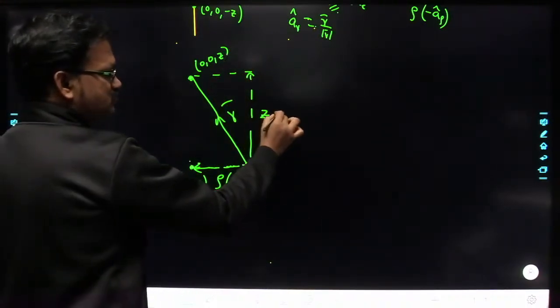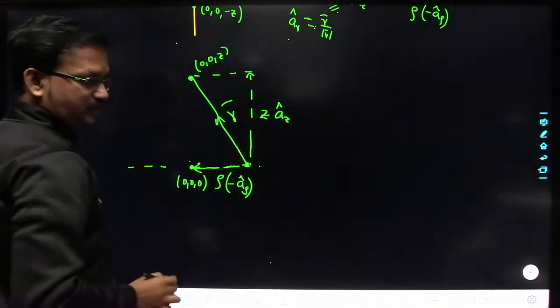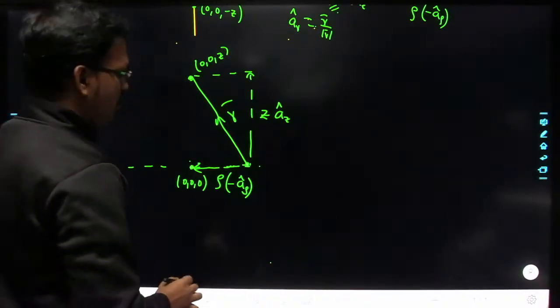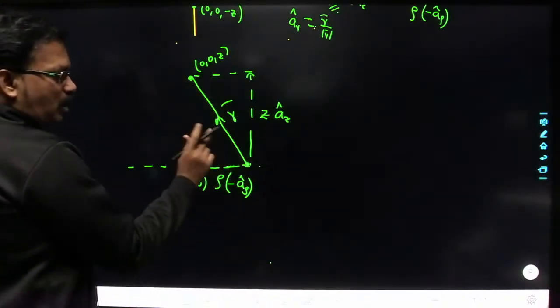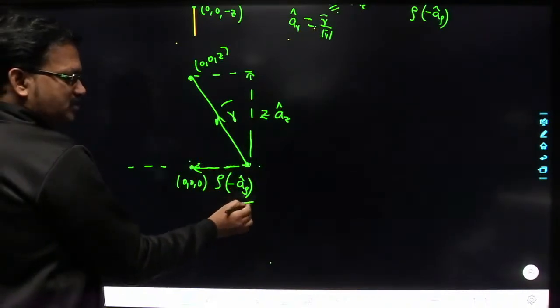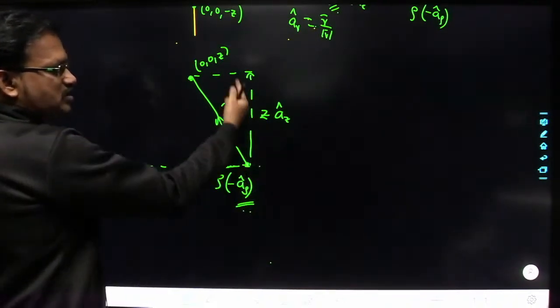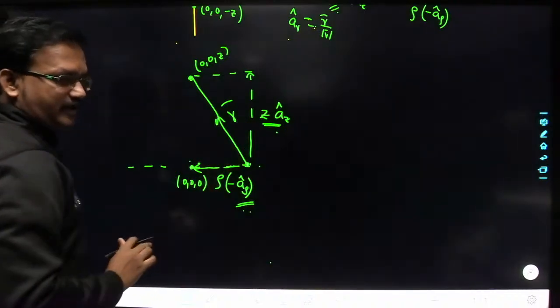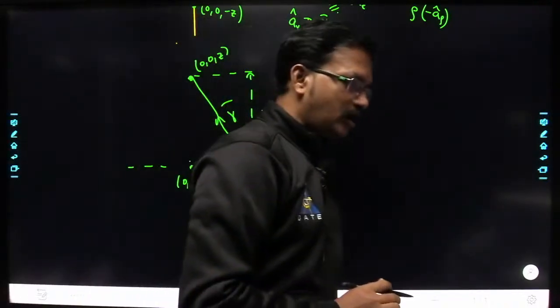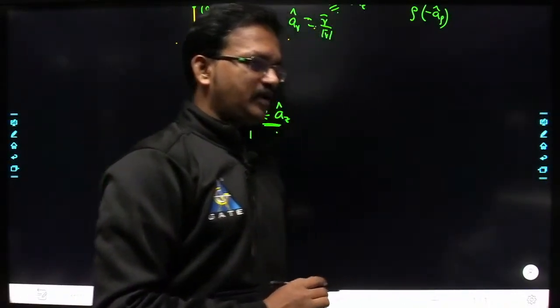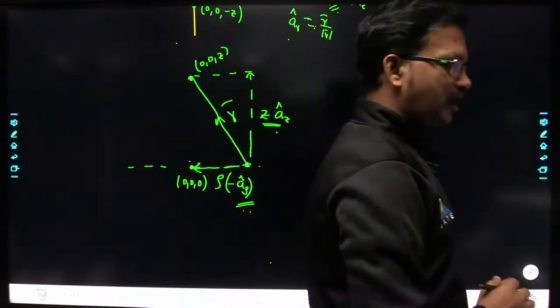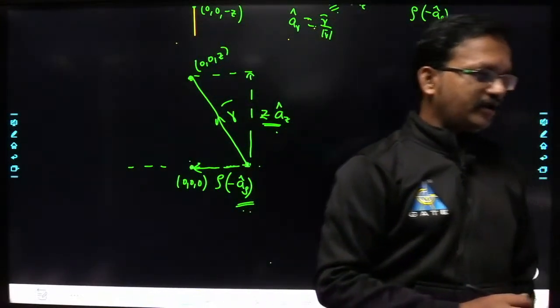So I am writing this as z a_z cap, right? Okay. So now R bar has two components here. One is along the minus a_r cap direction, and another one is along the positive z direction. Okay, is this clear? Tell me here, Parasmoon and Rahul Thakur, is this point clear?